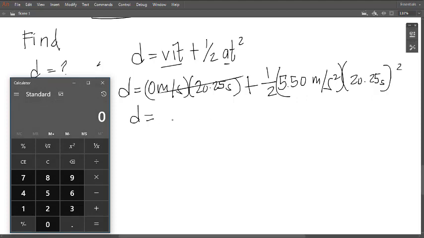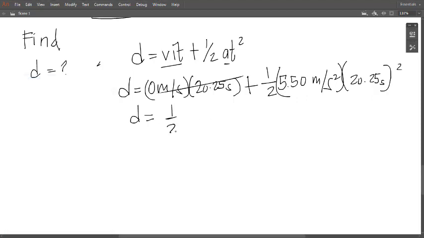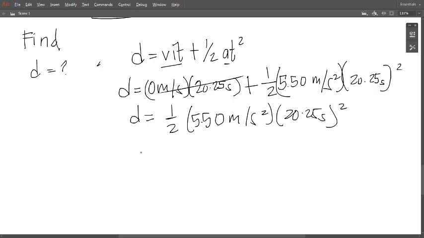So 1/2, let us write it first: 5.50 meters per second squared multiplied to 20.25 seconds squared.